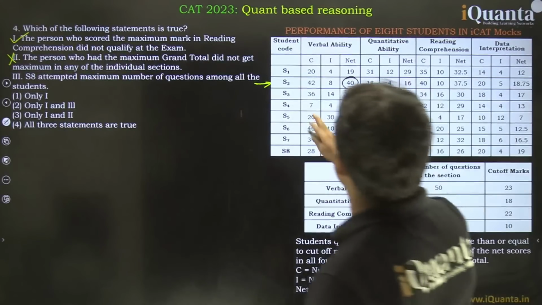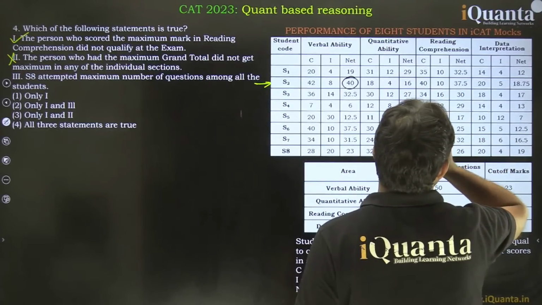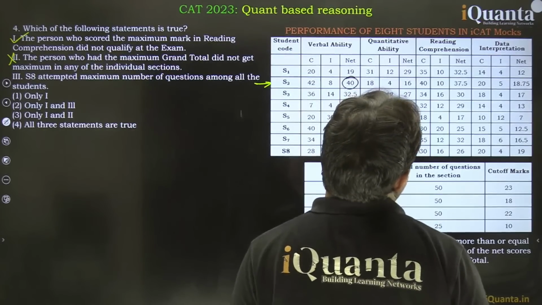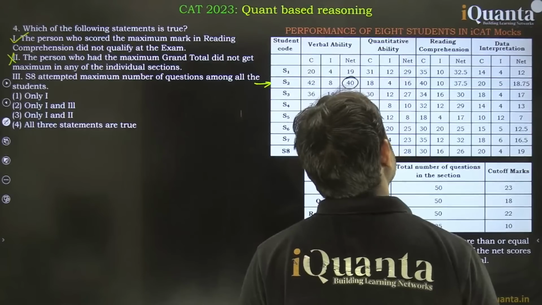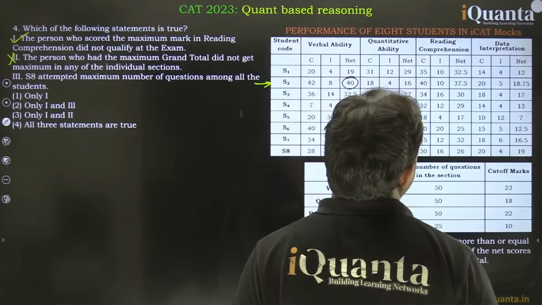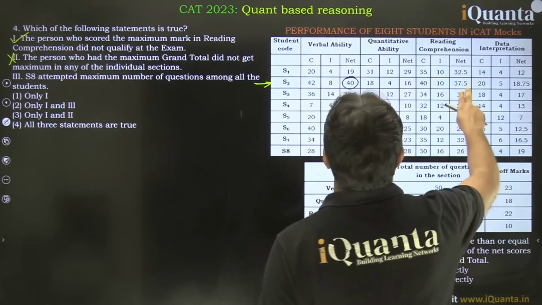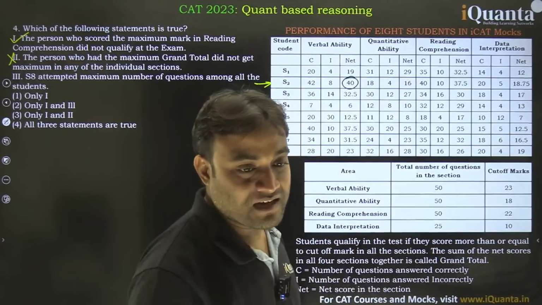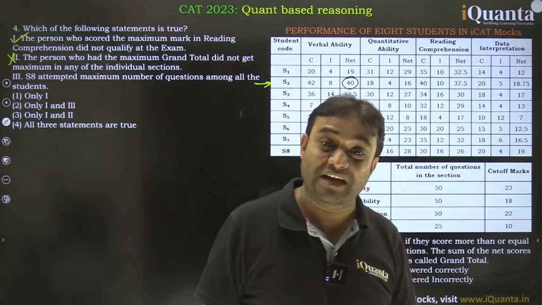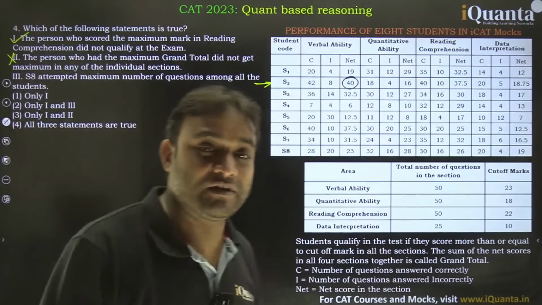What is the score of S2? 40 plus 16, 56 plus 37, 93, plus 40, 96, 96 minus 2.5 is 93.5, plus 18.75, which is definitely greater than 110. S2 got more than S3. S2 did not qualify, but he got maximum points. Second statement is not true, guys.